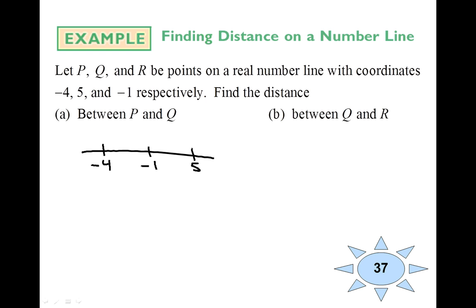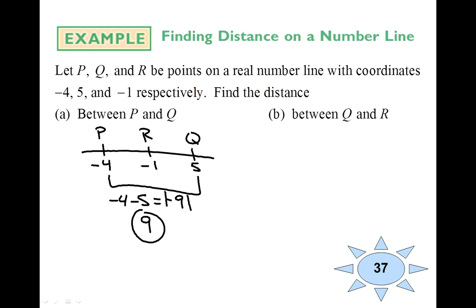Notice that I'm just sketching here, so I'm not worried about the units being exactly equal. P, Q, and R, respectively. Between P and Q, that's going to be -4 minus 5, which is -9, and we want the absolute value of that, so the distance here is 9.